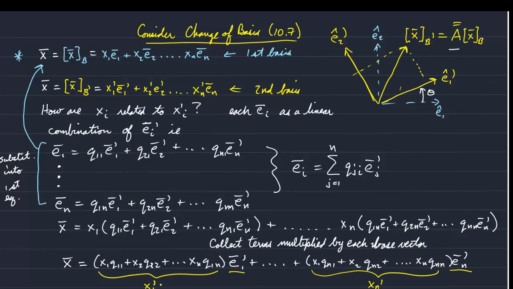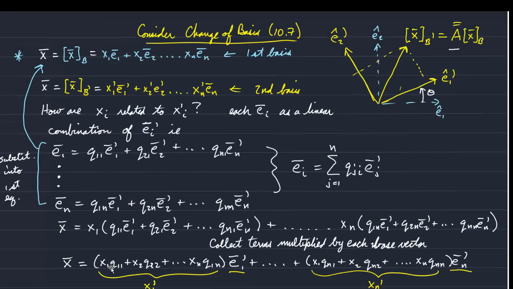So this shows that x1 prime is a linear combination of all the elements of the vector in the first basis. And likewise, xn prime, the last element in the transformed basis, is a linear combination of all the x's in the original basis.